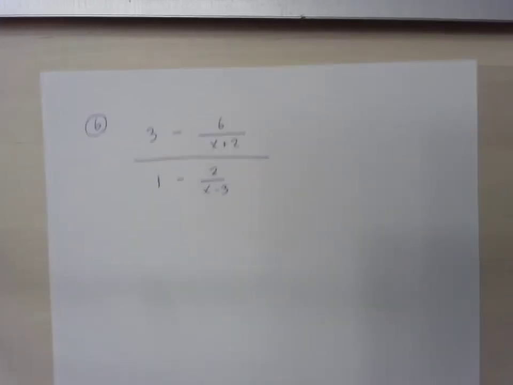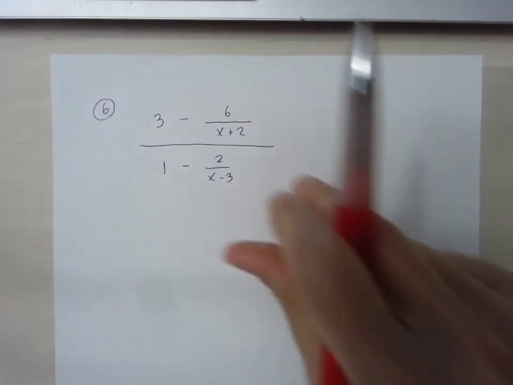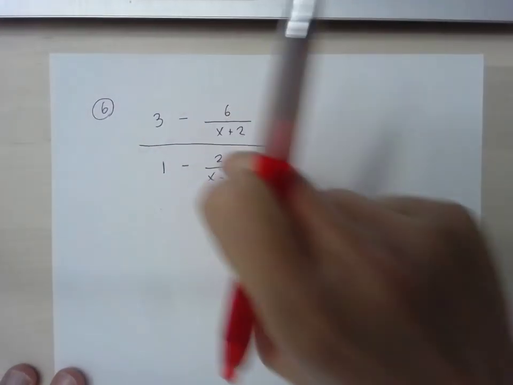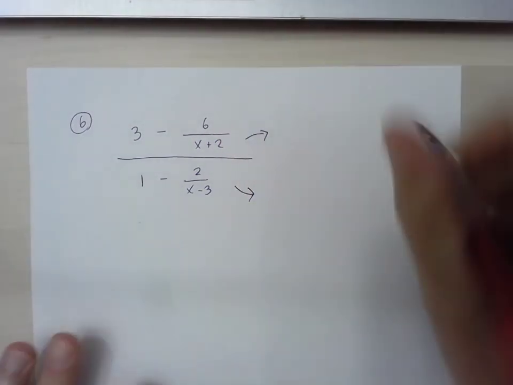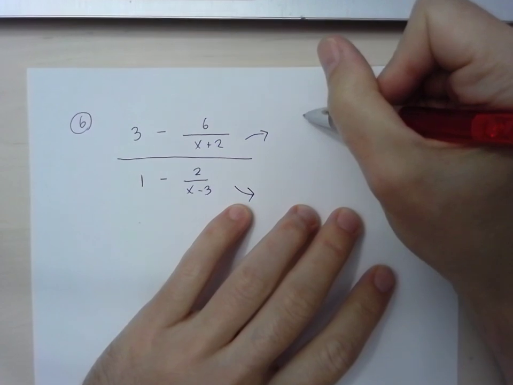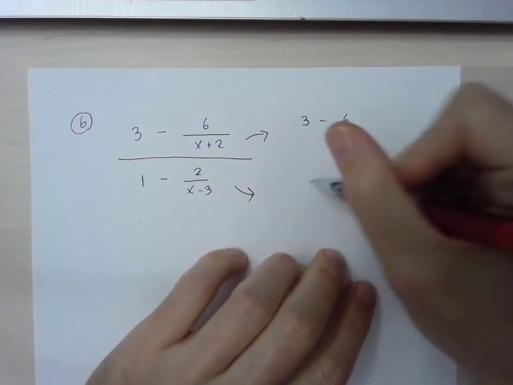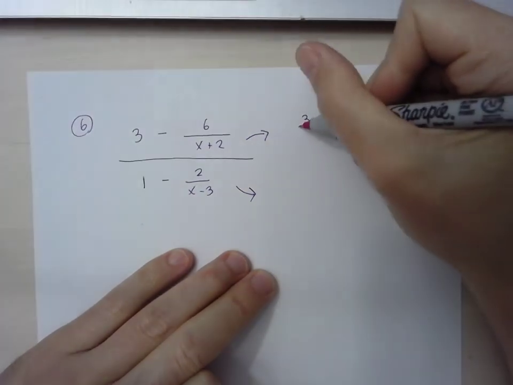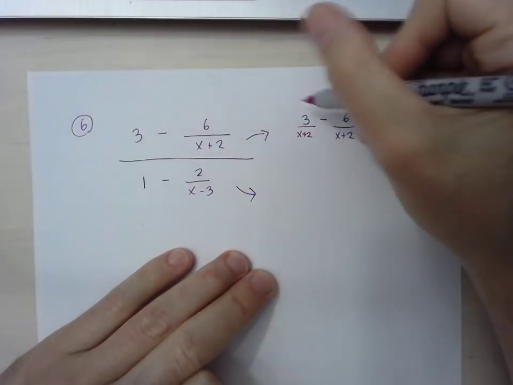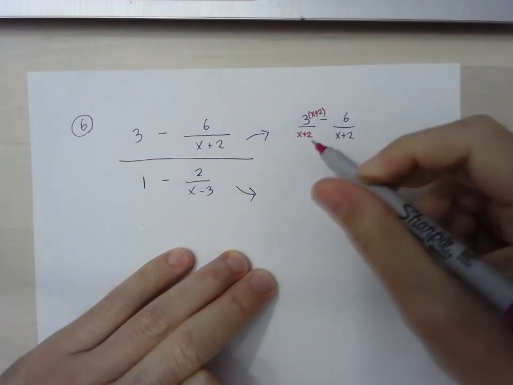Number 6. All right, here we go. This one is similar to the last one in the fact that we have a number minus a fraction, so we're going to treat it the same way. My 3 here does not have a denominator, so I'm going to steal this x plus 2 and write it next to the 3, multiplying it by the 3.